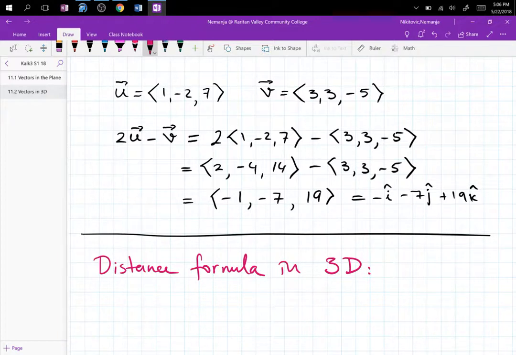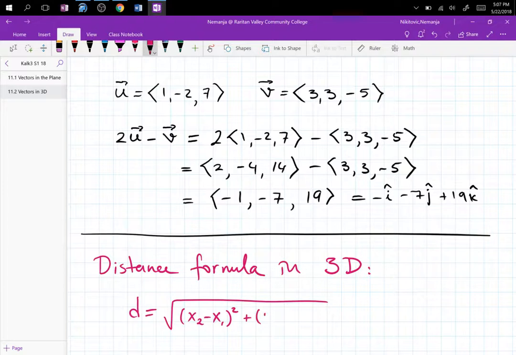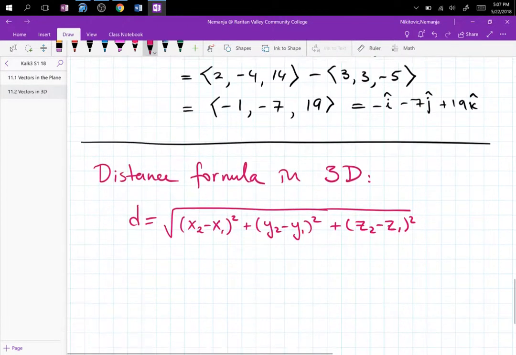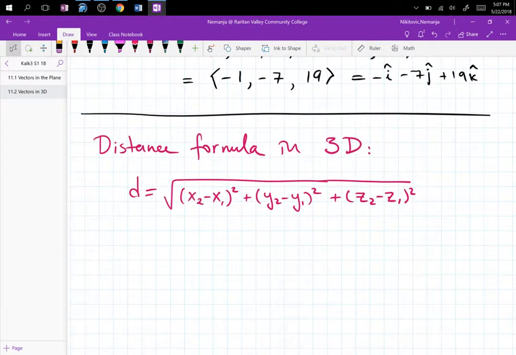And the formula is going to be the same as your 2D formula, except you are going to add one more dimension. So the distance will be the square root of, and now it's the distance between 2 points, so we have x2 minus x1 squared plus y2 minus y1 squared plus z2 minus z1 squared. Square root of the whole thing. That will be the distance formula in 3D.